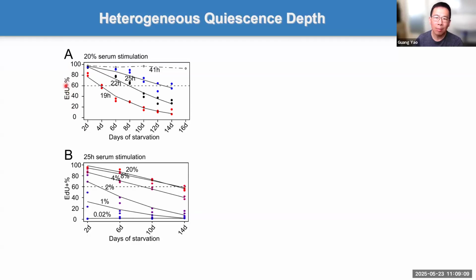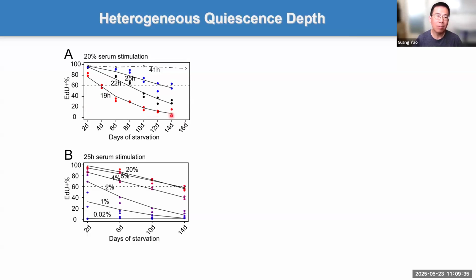So that's the approach we use to indicate how many cells are exiting quiescence. Again, at 2 days, very shallow, 80% of cells will re-enter the cell cycle after 19 hours of serum stimulation. But with 2-week starved cells, when you give them 20% serum, after 19 hours only less than 20% of cells will re-enter the cell cycle.